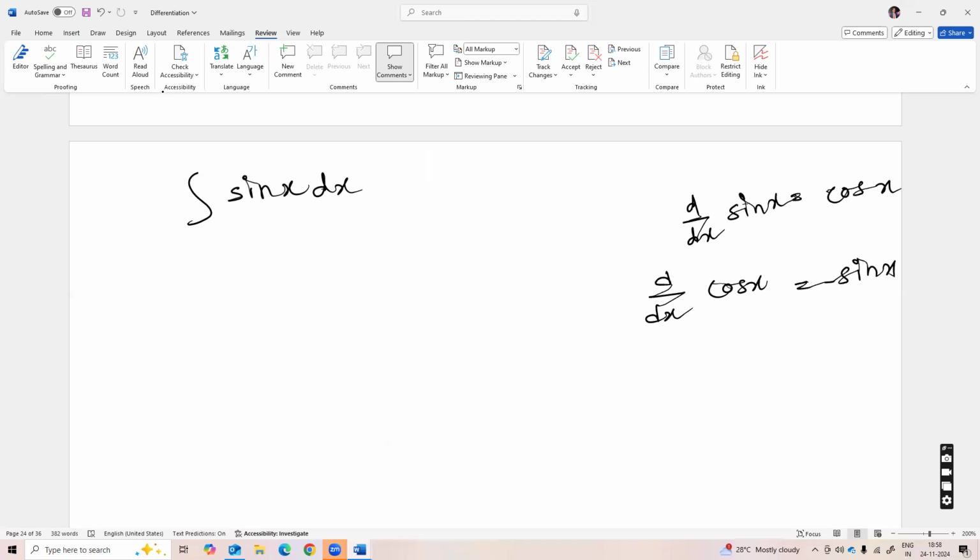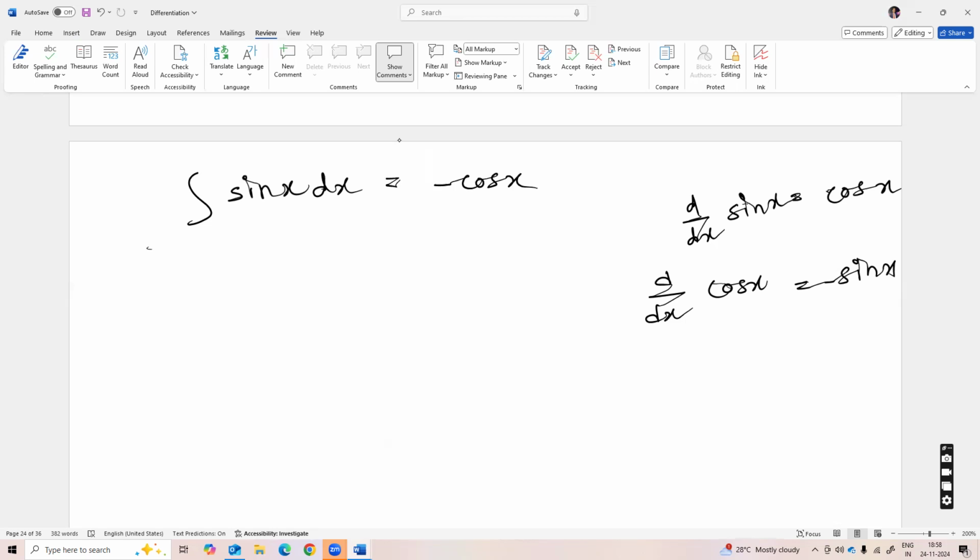So now if you have to take the integration of sine x, since both are inverse, the integration of sine x is basically minus cos x.